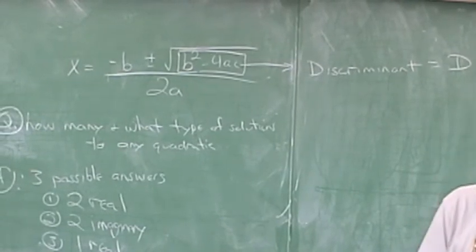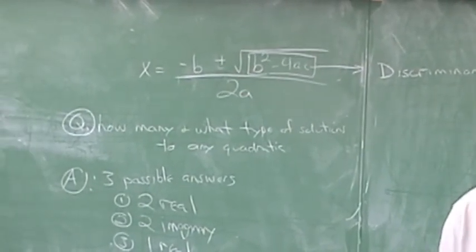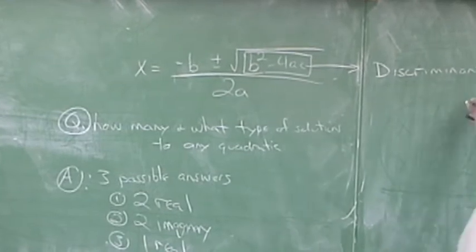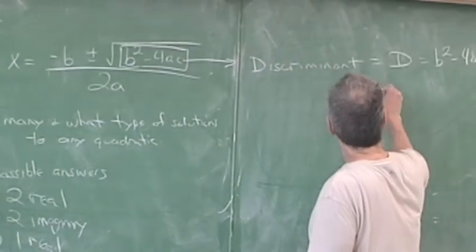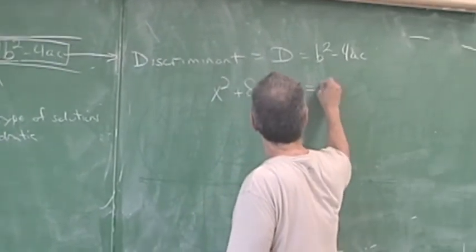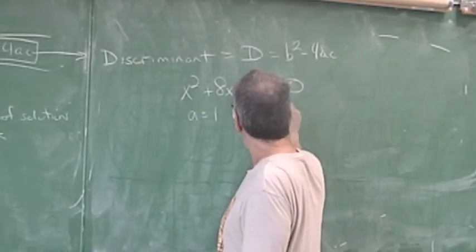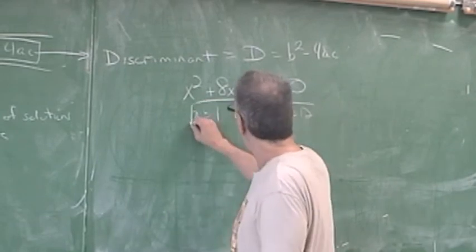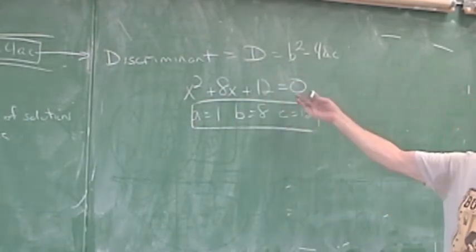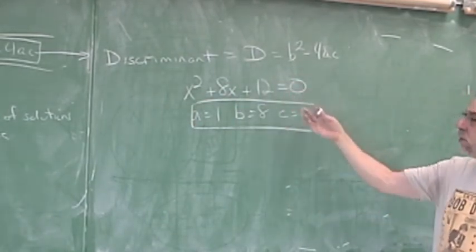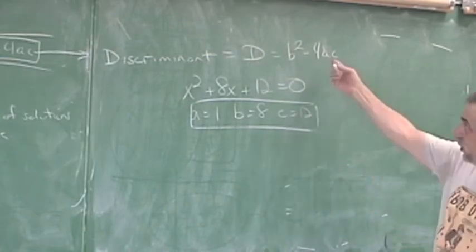So let's use the last one that we just looked at, number 66, which was x squared plus 8x plus 12. And we said A was 1, B was 8, and C was 12. We already know that we got two real solutions for this one, so we're just going to try to match that with the discriminant here.